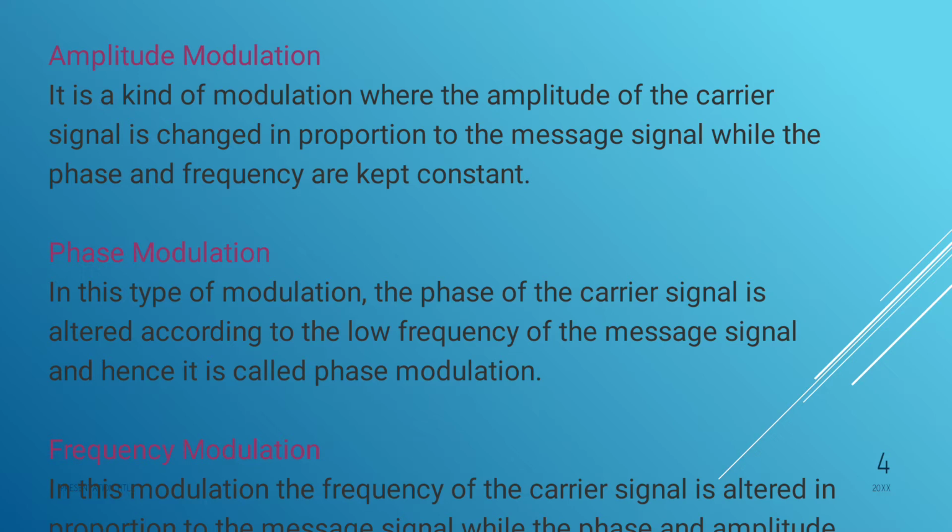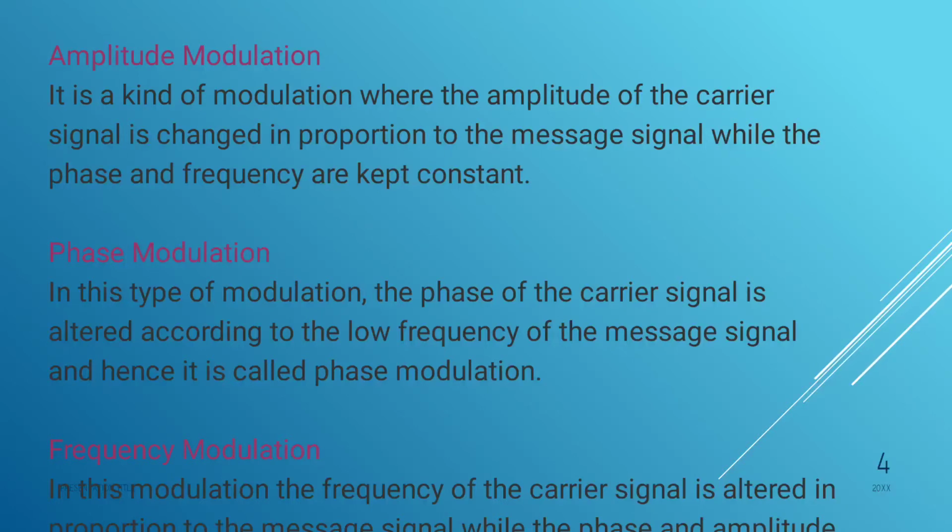In the previous PPT we have seen the figures of the types of modulation. In this PPT we are going to see the definitions of the different modulations. The first one is amplitude modulation. What is amplitude modulation?